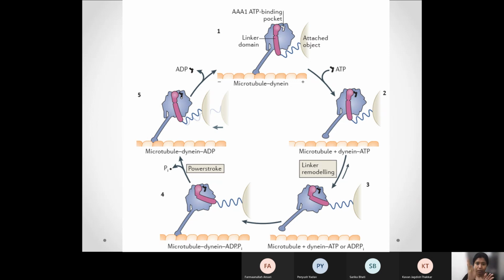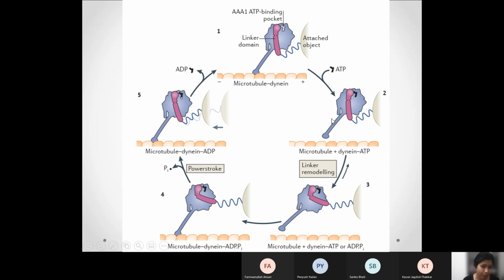You could have one arm seeking out one protofilament and moving, say, one step forward or two steps forward, but it could also move backward. And one of these arms could move two steps forward or three steps forward even before the other arm catches up. And the other arm could catch up and move past this. So it's very asymmetric, the movement of the two arms. And it is all coupled to ATP hydrolysis.